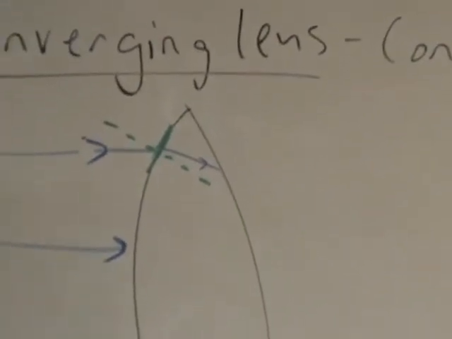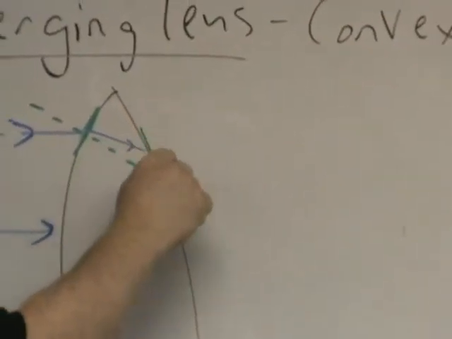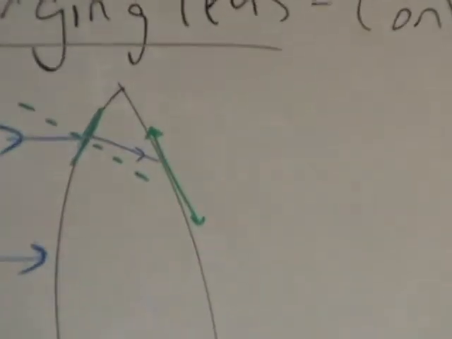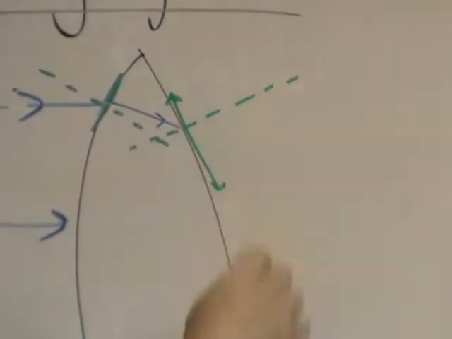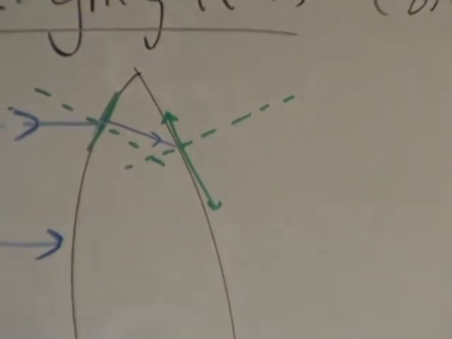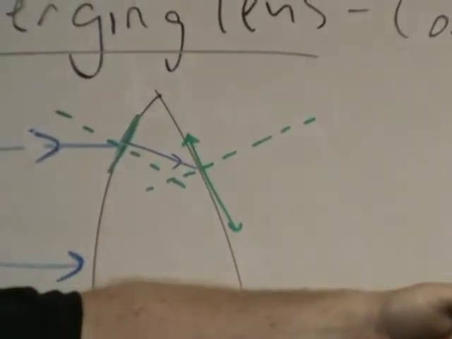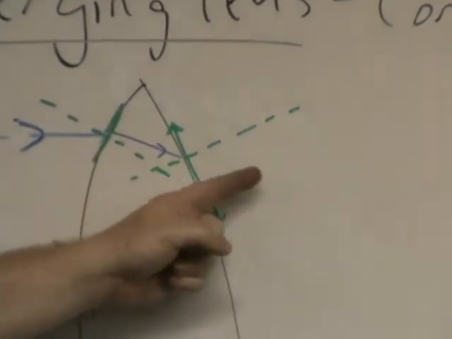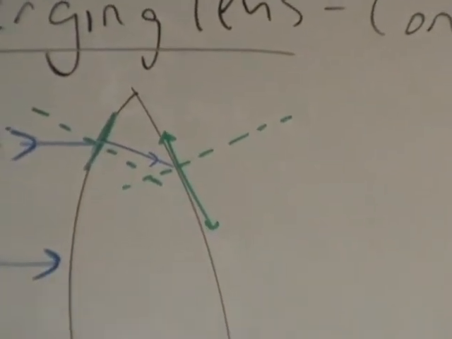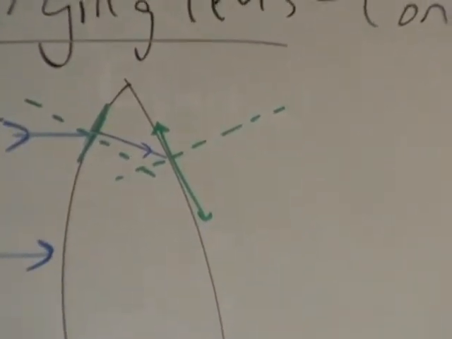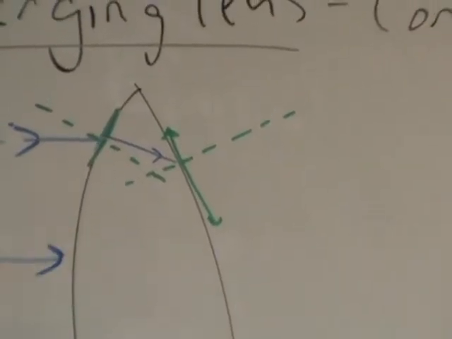Consider this surface now. The tangent line is looking like this, which means the normal line is going to be perpendicular to the tangent line. If I was going from glass to glass, then this blue ray would just continue on straight. But I'm not going from glass to glass. I'm going from glass to air. And I haven't written it on the board, but are you guys okay with my assumption that this is air, but my lens is glass, as lenses tend to be?